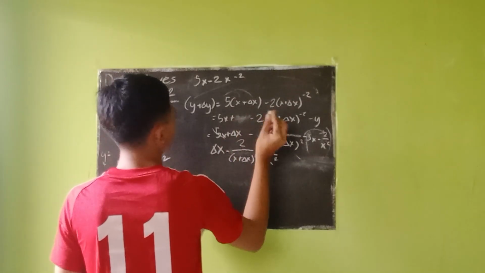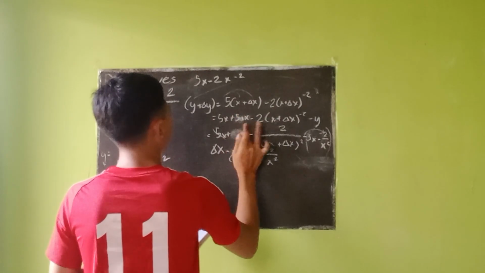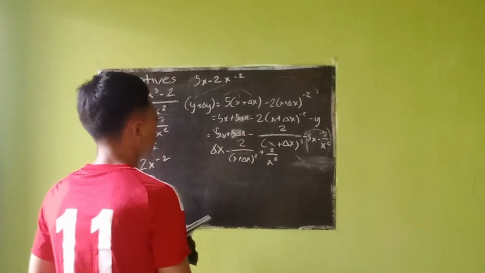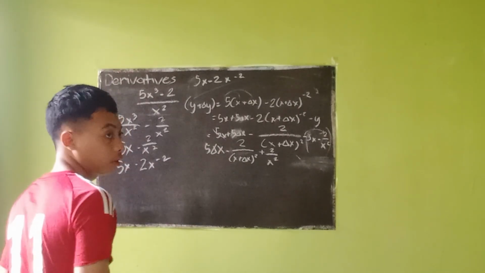Sorry. This one is 5 dot x, and then this one will be 5 dot x. This one will also be 5 dot x due to the distribution.